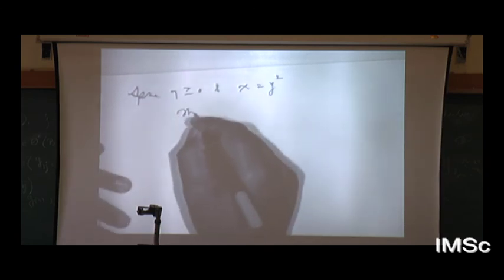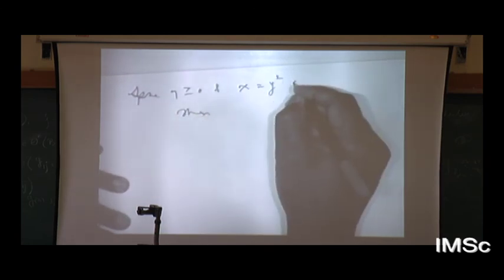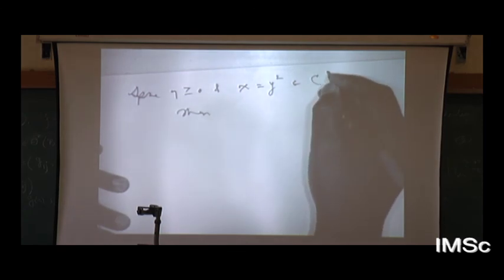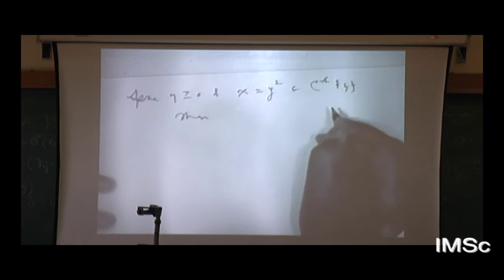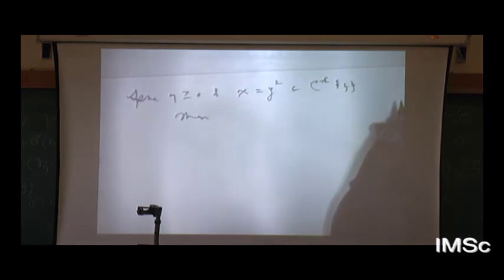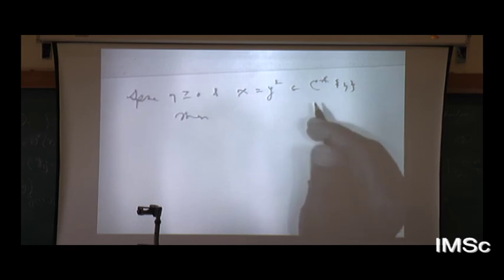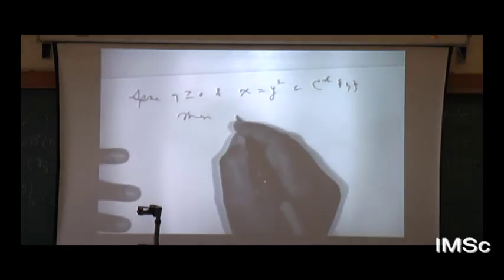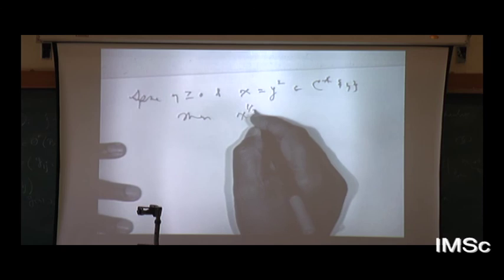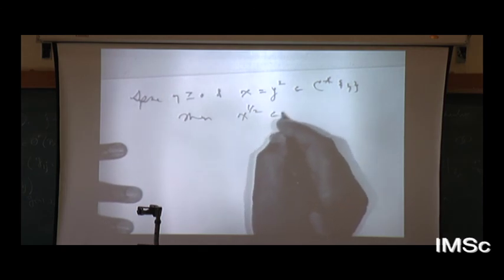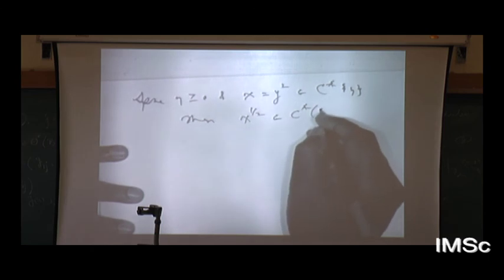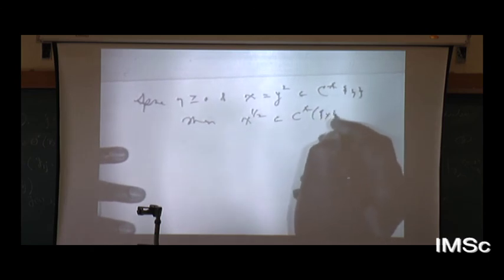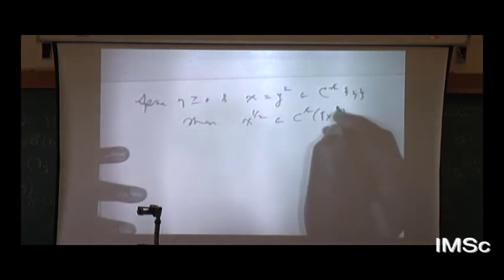Then X is certainly in the C star algebra generated by Y. Y is self-adjoint, so it is the C star algebra generated by that Y. But then X to the half is in the C star algebra generated by X, which is contained in here.